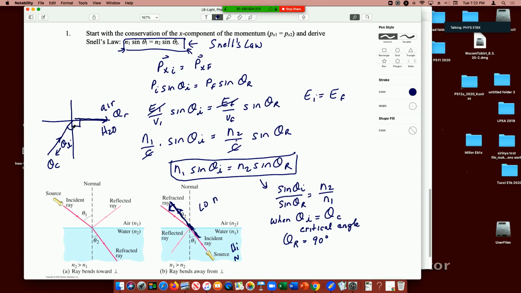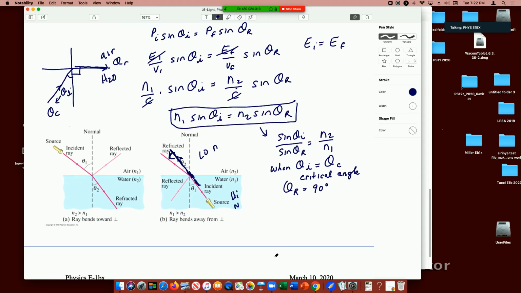Okay, so when that is 90 degrees, what is sine of 90? The sine of 90 is 1. So we have sine of, now I'm going to call that the critical angle, because that's the angle I'm talking about, over sine of 90, which is just 1, equals n2 over n1.